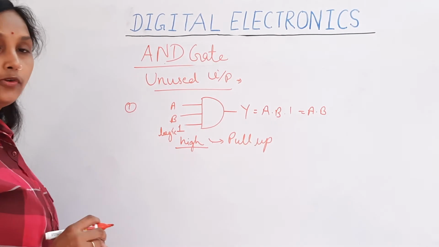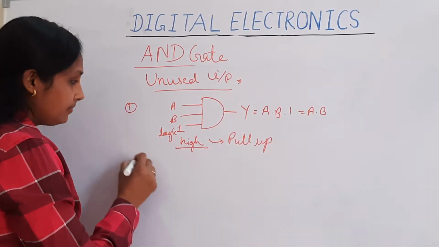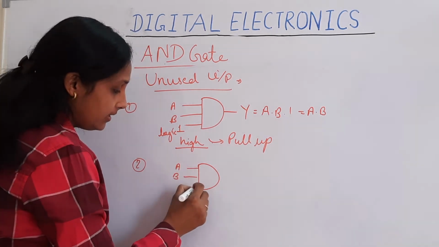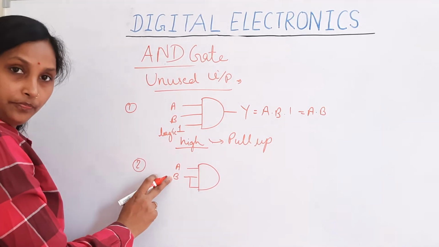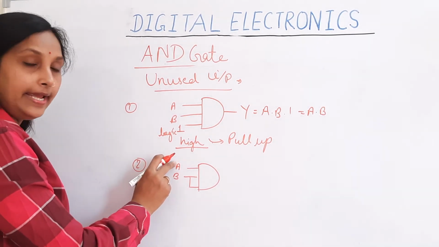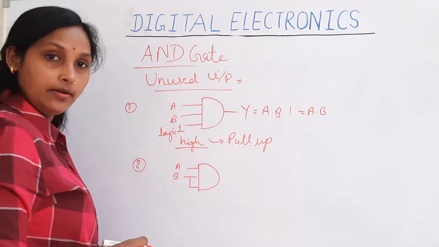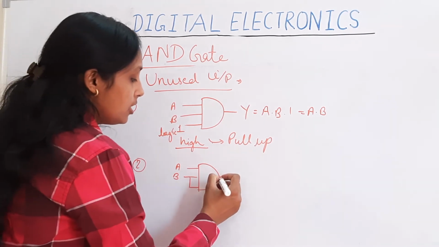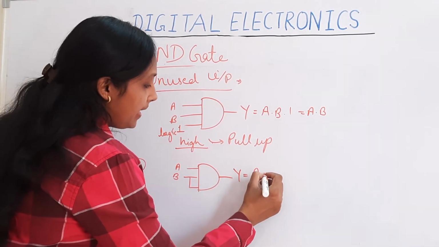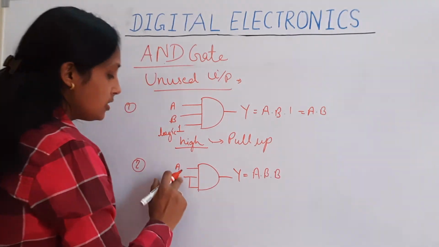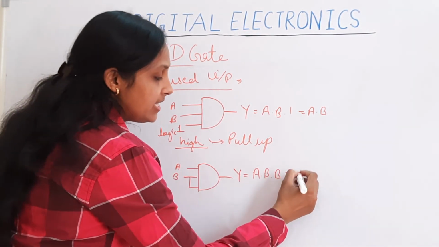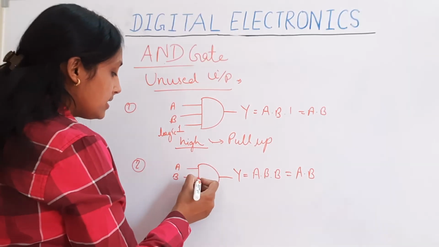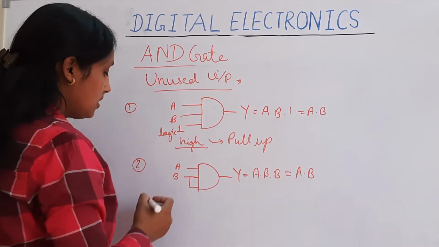Now the second way: A and B are the inputs, and the third pin you can connect to one of the inputs, either A or B. If you connect this pin to B, you get output Y equal to A dot B. The output will not change, because B dot B is B.